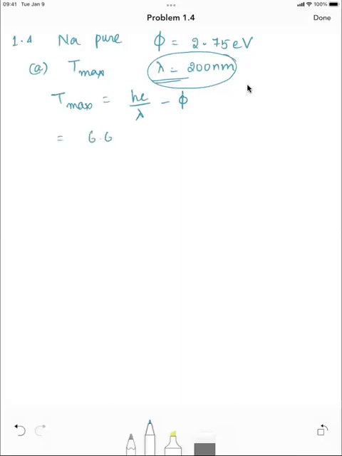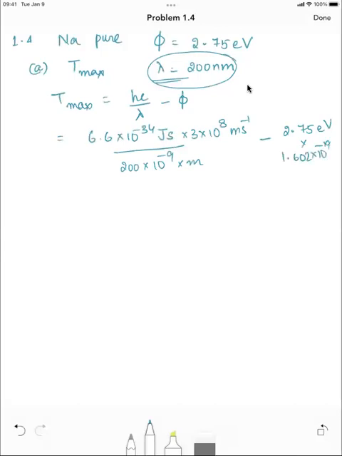Now we can compute the values. hc over 200 times 10 to the negative 9 meters, minus 2.75 electron volts multiplied by 1 electron volt, which is 1.602 times 10 to the negative 19 joule per electron volt. So I'm going to convert everything into joules so it's easier to perform the subtraction.